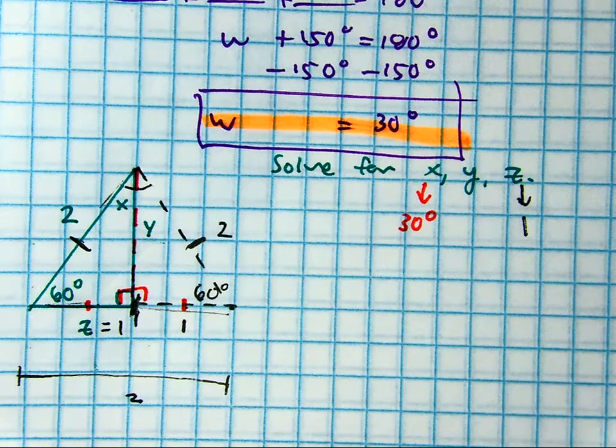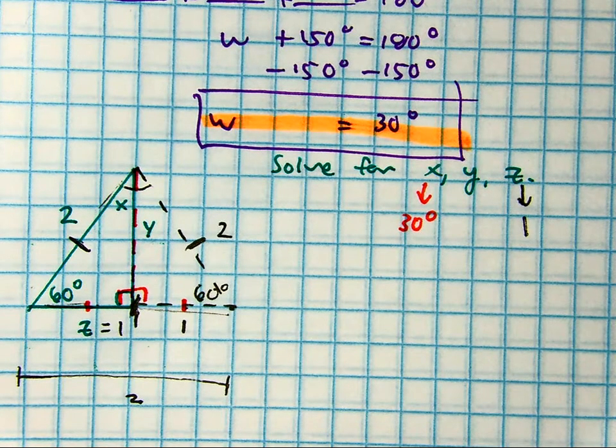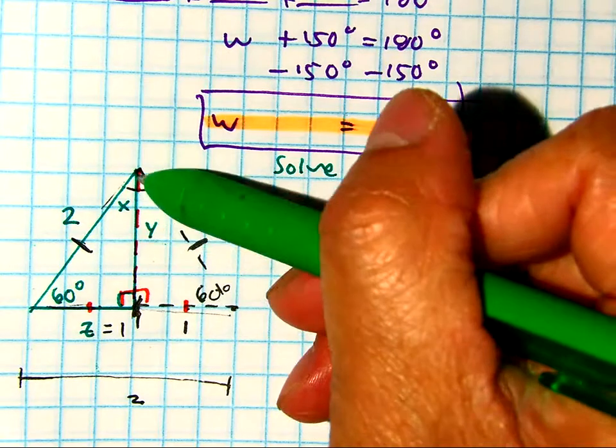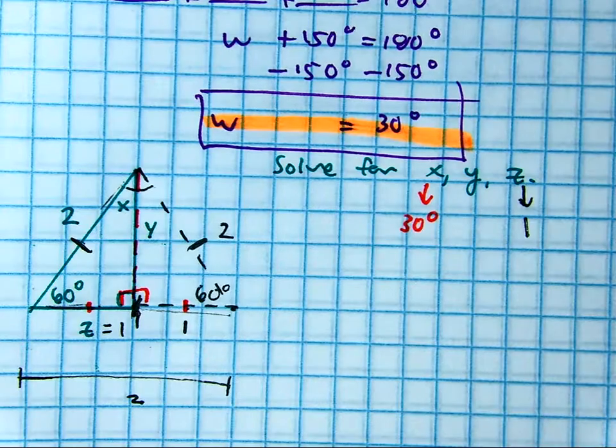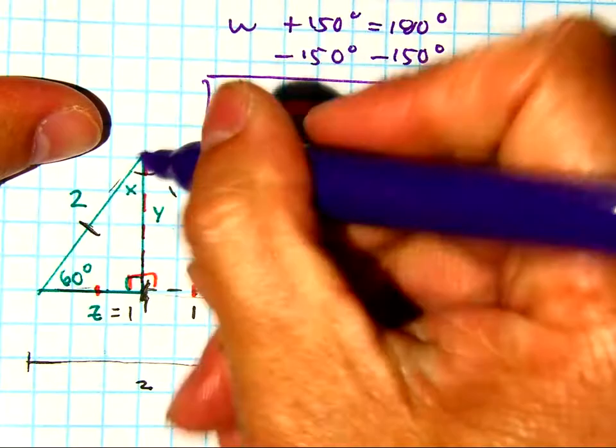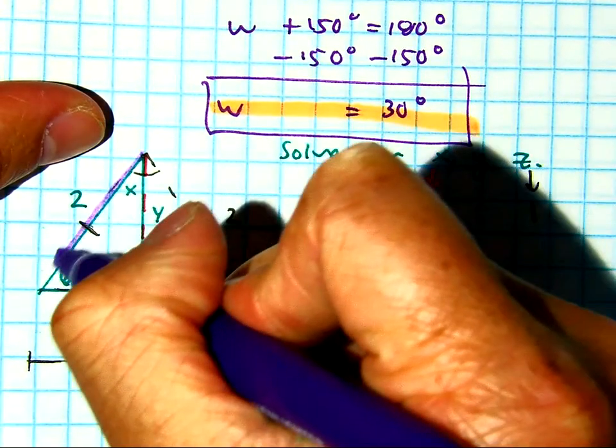Now the y variable was meant to be this side here. So if you take this triangle now, if you have a lot of things on there, you can just redraw that triangle. Let's do that.